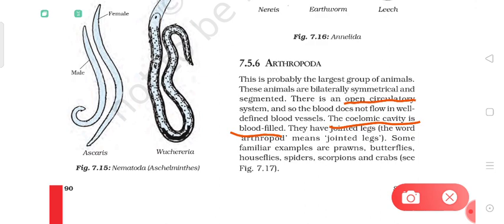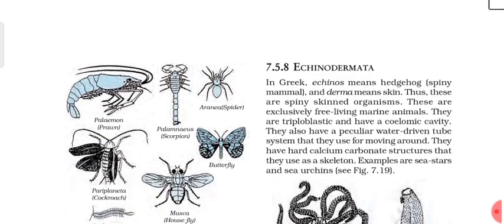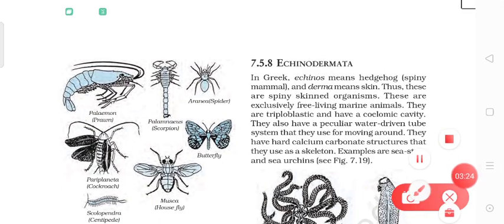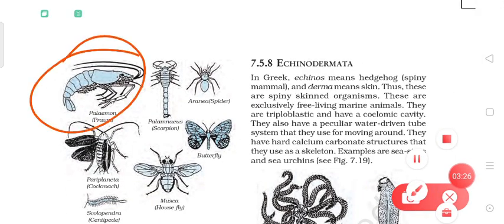Another important feature is that here you can see that the body is divided into many segments and the body has a tough covering, we can say a tough exoskeleton. We can say that tough exoskeleton is made up of chitin, and you know that chitin is the same substance present in the cell wall of fungi also, right?